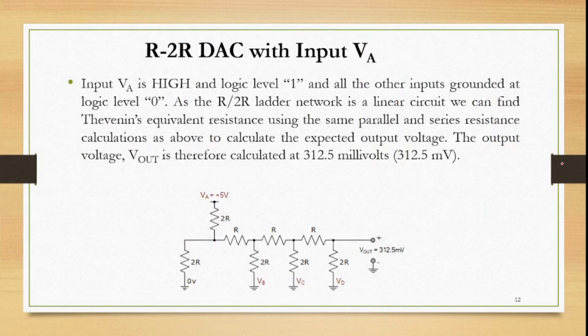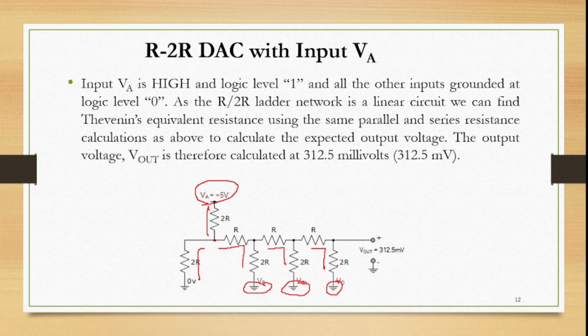Now practically, suppose VA is connected to a plus 5 volt supply. What will happen? We'll get a different circuit, where there will be a 2R resistance here, a 2R resistance to the ground, again the resistances R, 2R, R, 2R, R, 2R, all connected to ground.